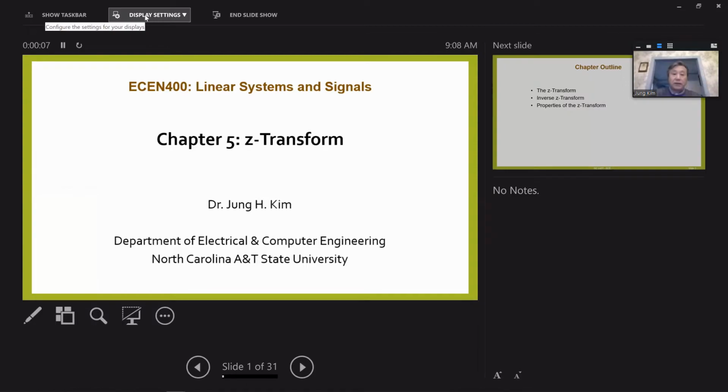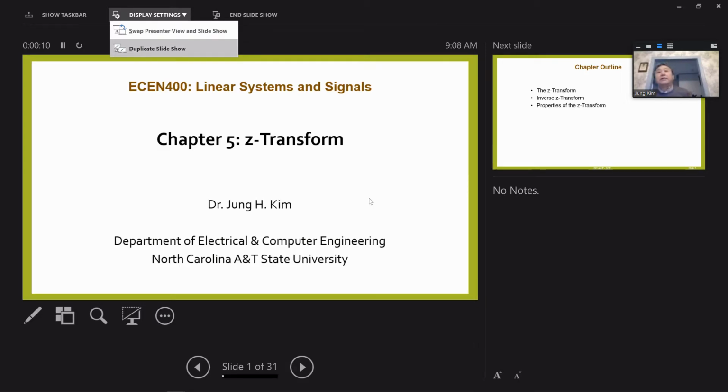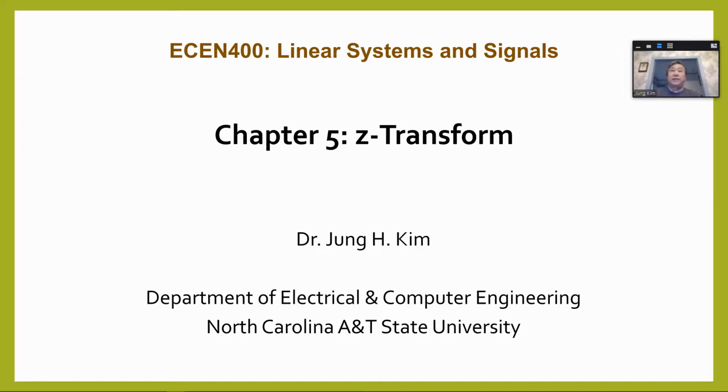I think everybody knows about the Laplace transform. The Laplace transform is for the analog system, and the Z transform is for the digital system. Actually, the Laplace transform is for continuous-time signals and systems, and the Z transform is for discrete-time signals and systems.